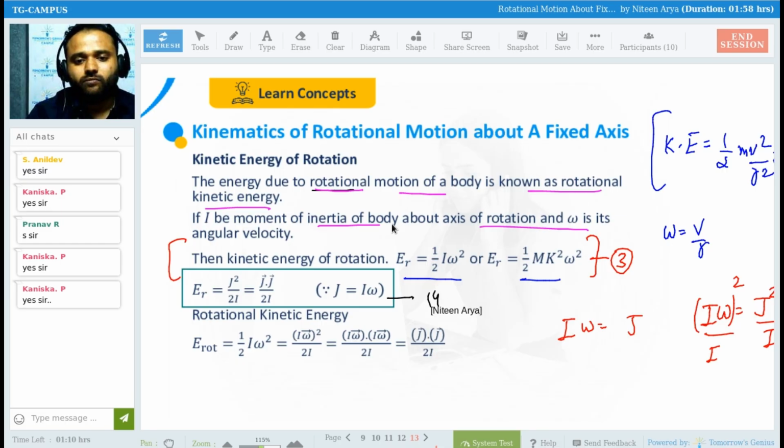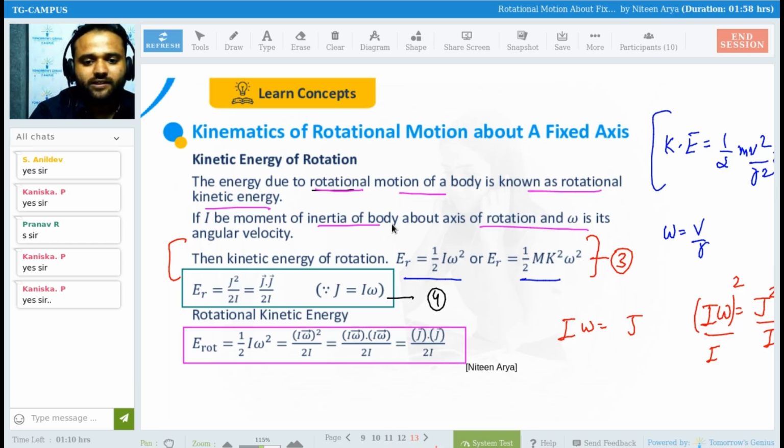Whatever boxes I am writing for you, everything is important. That is your equation number 5. Basically, I can write it in any kind of format. The basic thing is that kinetic energy is the energy due to motion, but here we talk about rotational motion, nothing more than that. Clear?